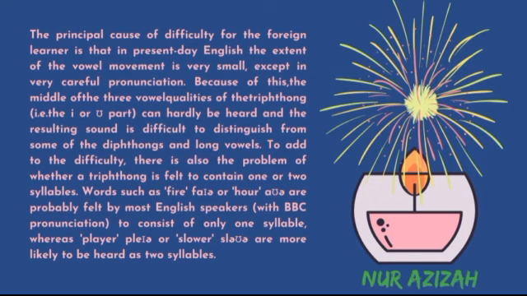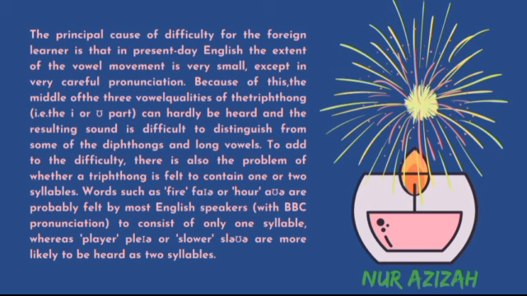The principal cause of difficulty for the foreign learner is that in present-day English, the extent of the vowel movement is very small, except in very careful pronunciation. Because of this, the middle of the three vowel qualities of the triphthongs, for example the I or U part, can hardly be heard, and the resulting sound is difficult to distinguish from some of the diphthongs and long vowels.